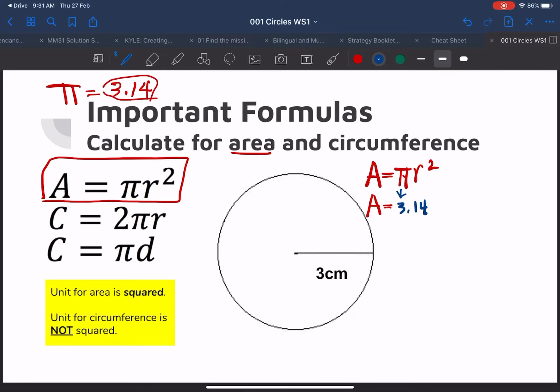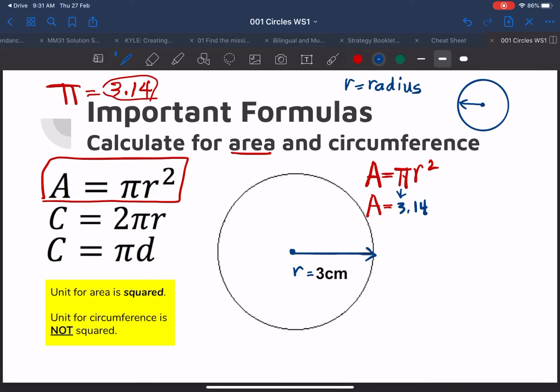From the previous slide, we know that the radius is the distance from the center point to any point in the circle. So this is the radius. Center point to any point in the circle, so that means 3 cm is the radius.